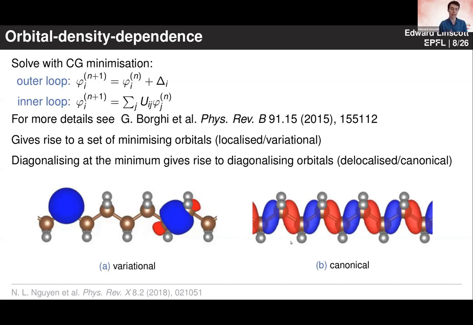And so when you've got an orbital density dependent functional, we've got this duality between these two different sets of orbitals. We've got the variational orbitals that minimize the total energy, and the canonical orbitals that diagonalize our Hamiltonian. And this is a very important feature of ODD functionals.